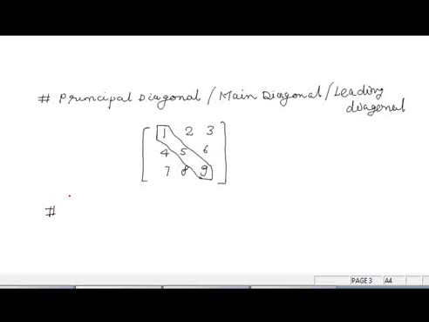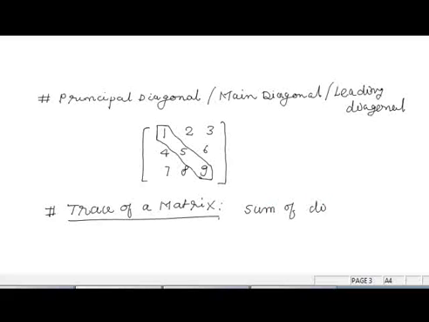The next term is called the trace of the matrix. It is nothing but the sum of diagonal elements.